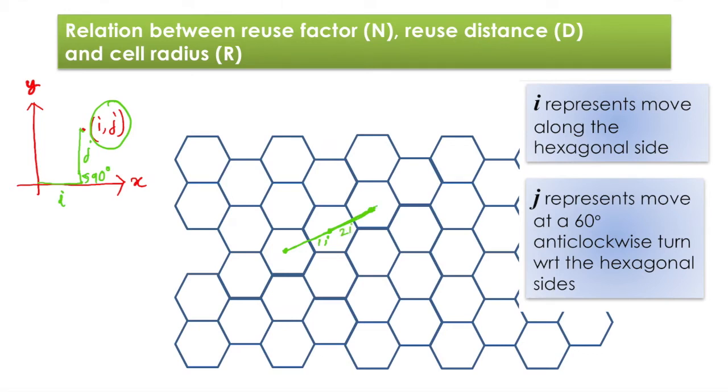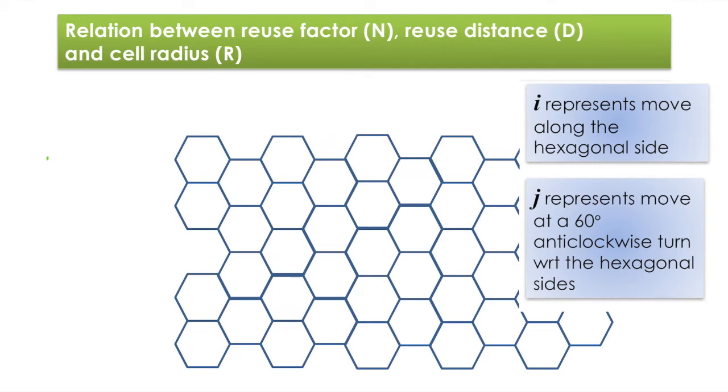Similarly, if we move up to 3 cells, then it will be 3i. Now we have to take a 60-degree anticlockwise turn and we can move along this direction, and this is our j move.